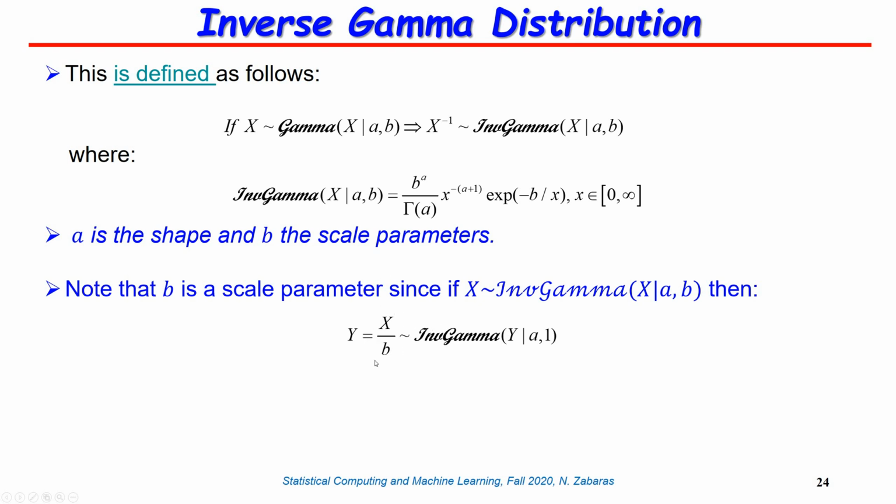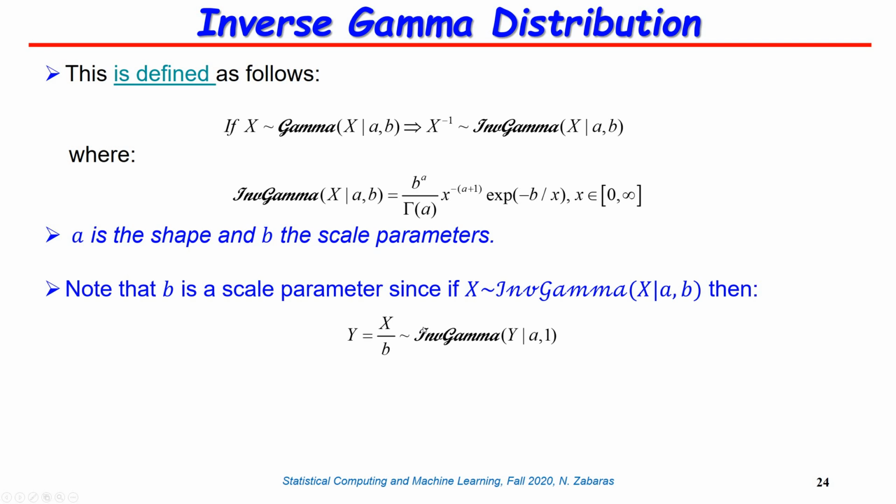So you can see here x over beta, obviously beta takes the form of a scale for x, all right, since y now follows this inverse gamma distribution with parameters alpha and 1, okay? So beta has disappeared here and has come here in the definition of y.